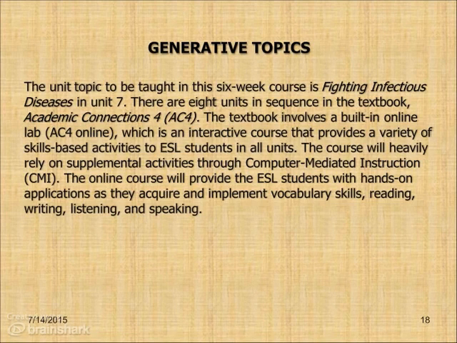It's an interactive course that provides a variety of skills-based activities to ESL students in all units. The course will heavily rely on supplemental activities through computer-mediated instruction, also called CMI. The online course will provide ESL students with hands-on applications as they acquire and implement vocabulary skills, reading, writing, listening, and speaking at the same time.